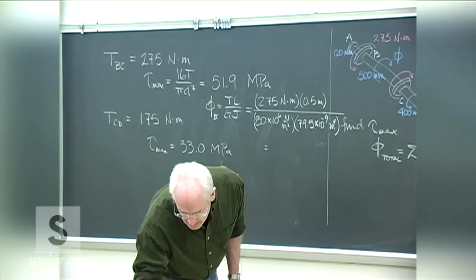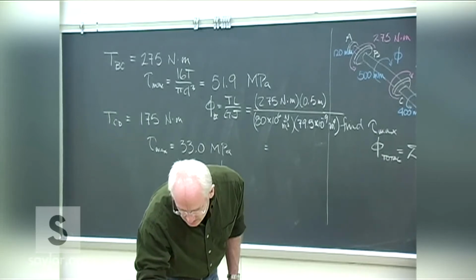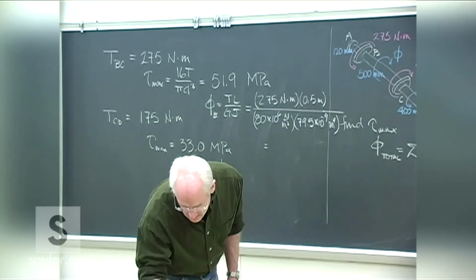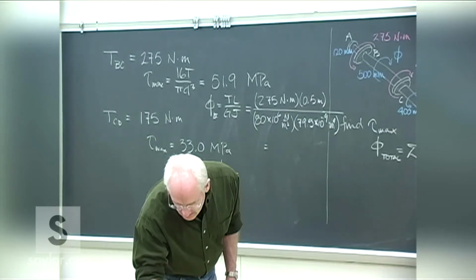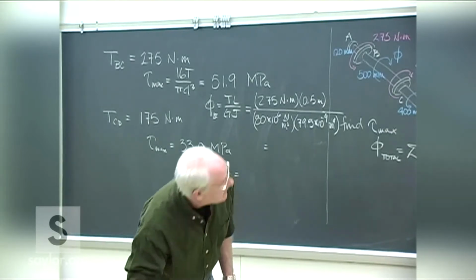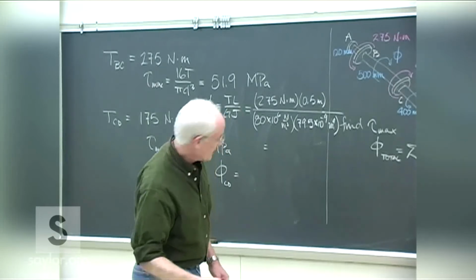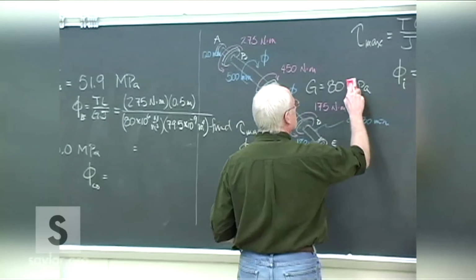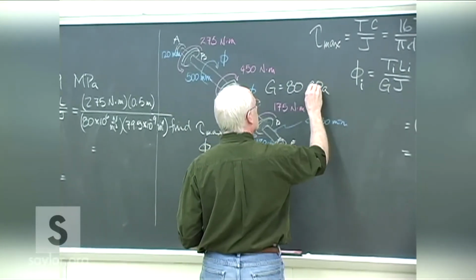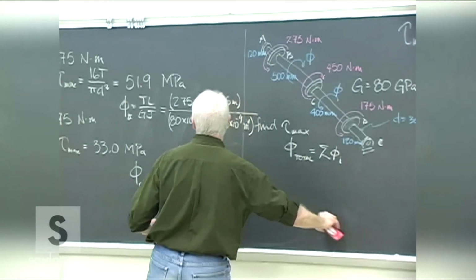Well, let's make sure I gave you all the right numbers. Newton meters, millimeters. G, oh, now I can't read that. Is it negative? Oh, yeah, sorry. Now I look at that. Good, that's the easiest one to fix. Sorry about that.